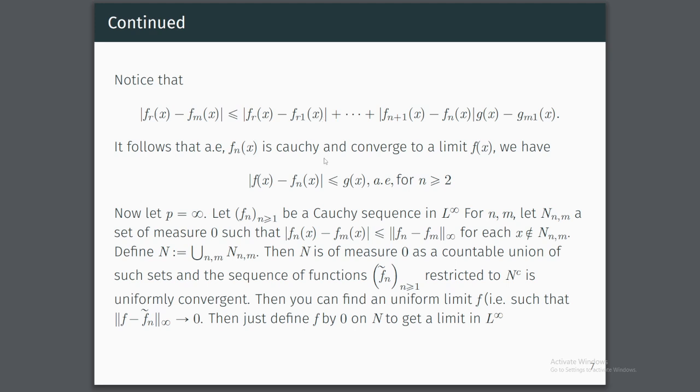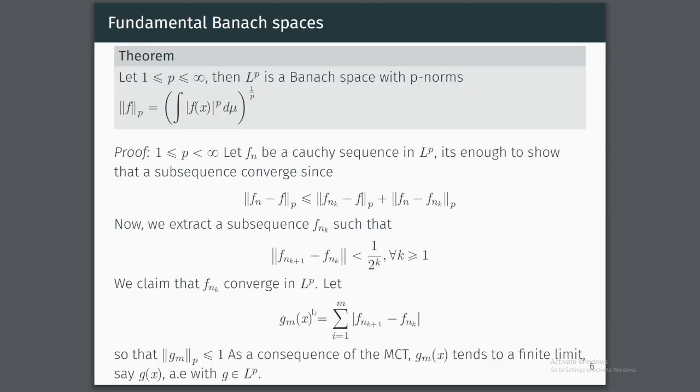But just as a quick reminder, essentially what we did is pick this gm, and the limit basically acts as a dominating function. We're trying to prove that the limit of fn is LP by dominating it, using the dominated convergence theorem.